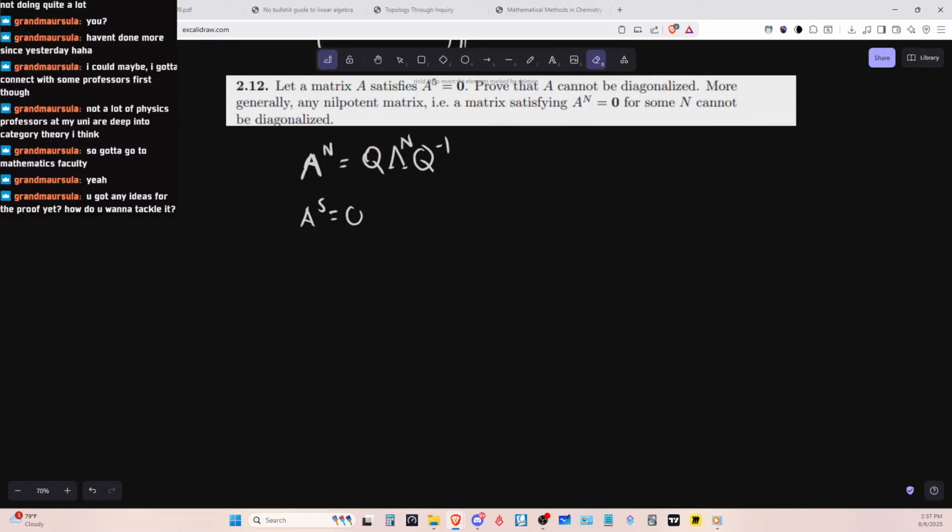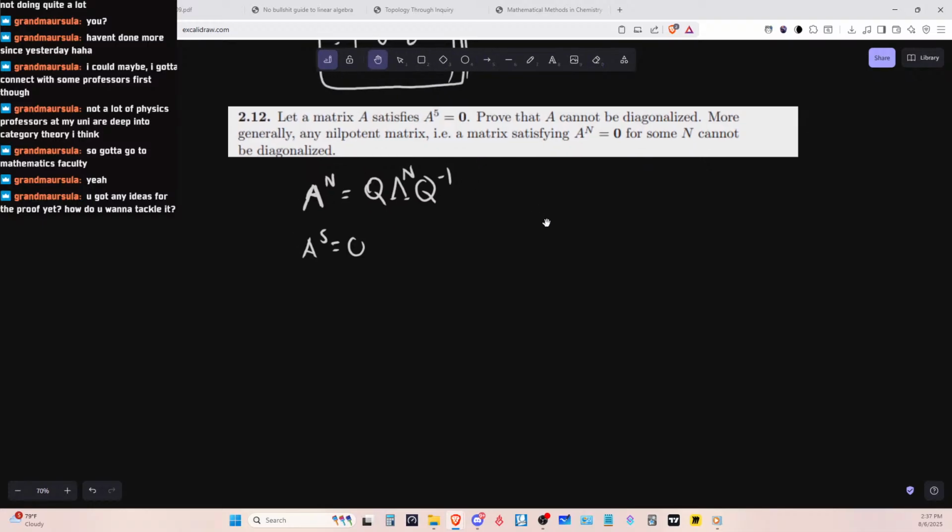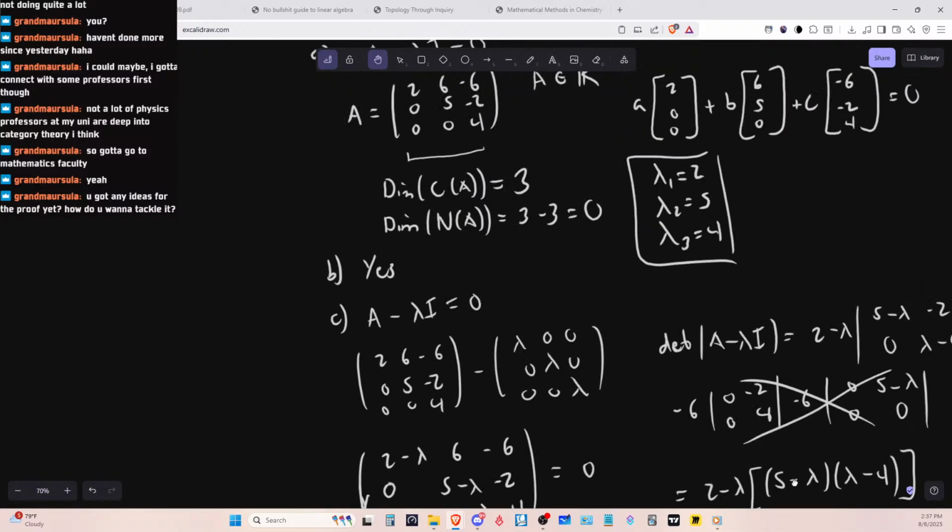It says let the matrix A satisfy, just drag this down here, there we go, because there was some text obscuring it. So let A satisfy A to the 5th power is equal to 0. Prove that A cannot be diagonalized. Actually, I have to check the first part of what I did with these exercises.